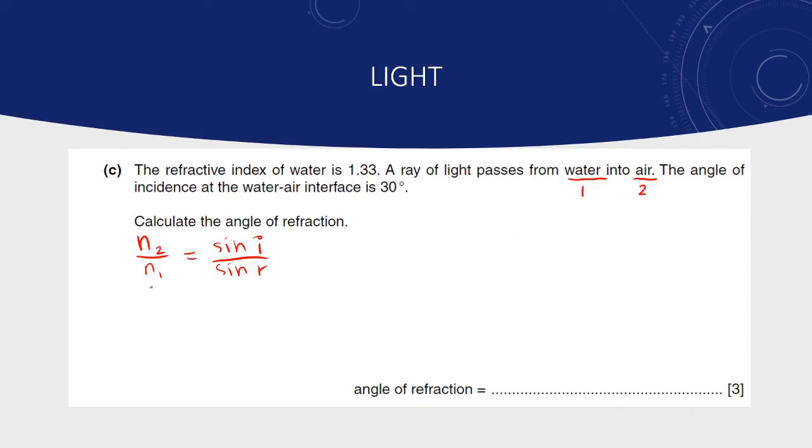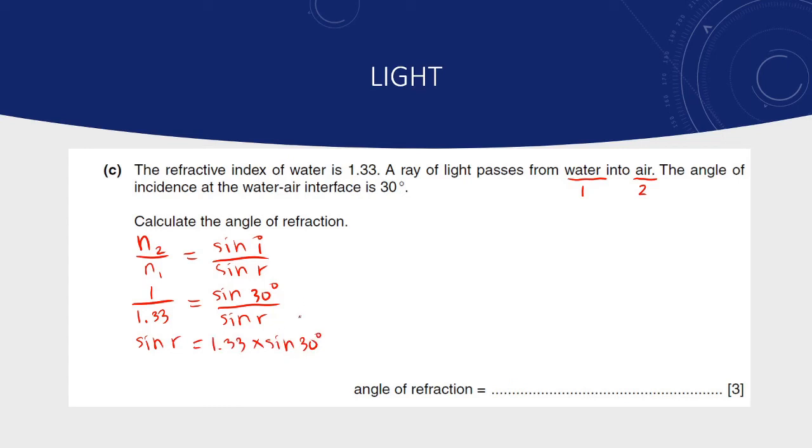So N2 equals 1 and N1 equals 1.33, equals sine of 30 degrees over sine R. This gives us sine R equals 1.33 times sine of 30 degrees.